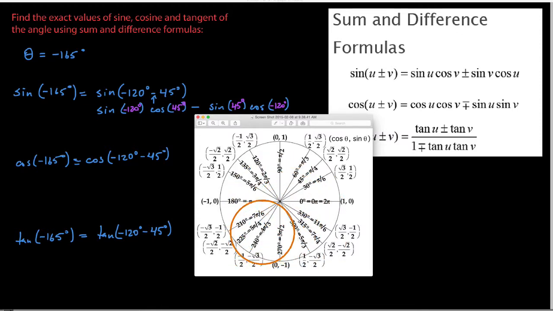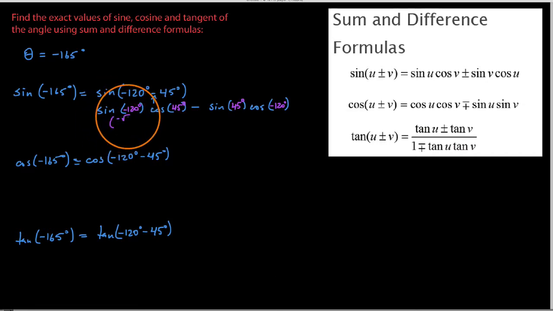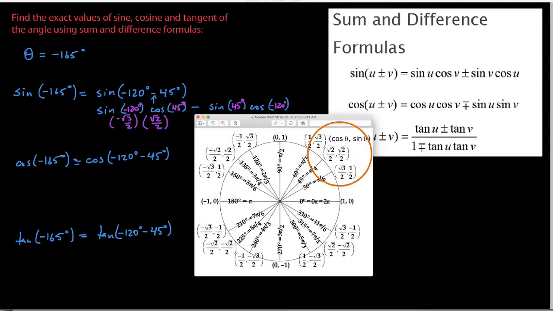The sine at negative 120 here is negative root 3 over 2, negative root 3 halves. And then the cosine of 45, that's a very common one, is the square root of 2 over 2. Again, if we're looking at the unit circle, here's our 45, root 2 over 2. Likewise here, the sine of 45 is root 2 over 2. And the cosine of negative 120, if we rotate negative 120 degrees, is negative a half.